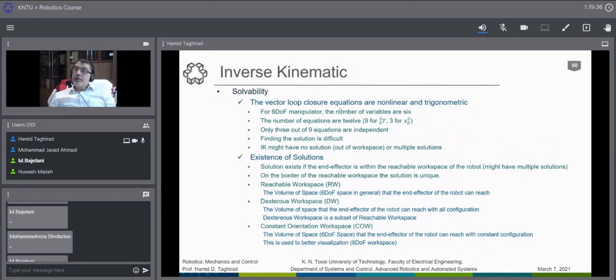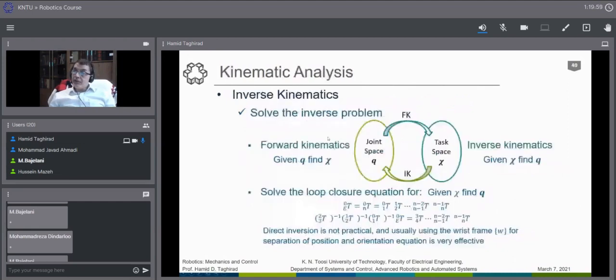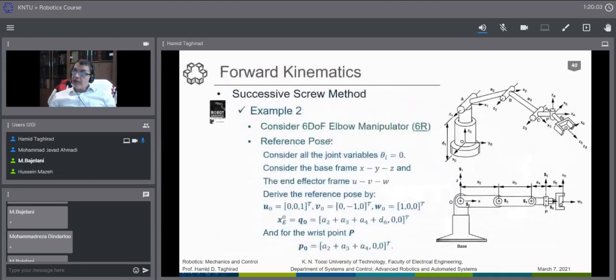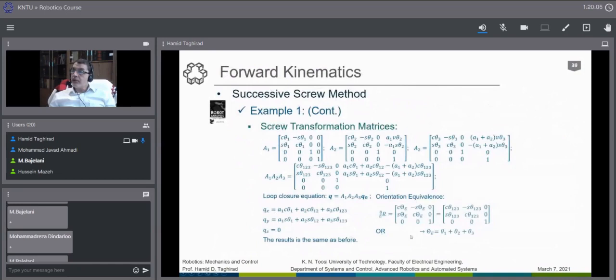First of all, the vector loop closure equations are nonlinear, and I call them trigonometric. We have sine and cosine, so many sines and cosines, and the addition and multiplication, and they are nonlinear. We have 6 equations. For example, if we go back to here, just look at this problem, just these 3: Qx, Qy, and theta e.